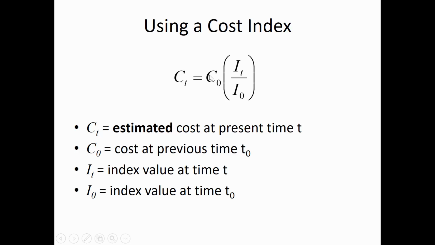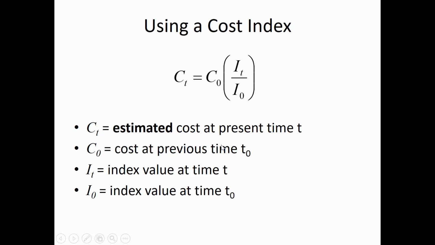Now this is how that type of data is used. So you need to find out the index in a year where something was known, that's I sub naught, and the cost of what something was in the year that it was known. And you can predict a future cost or a cost in a different year by using the ratio of the index.